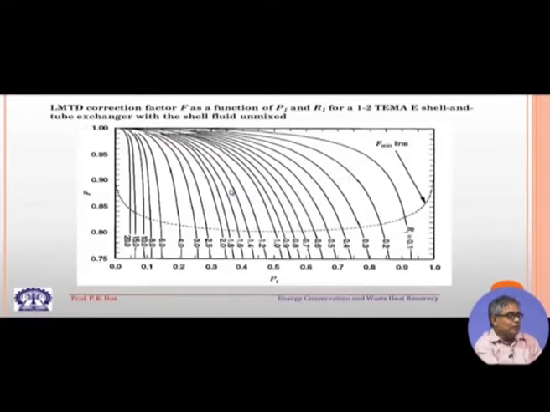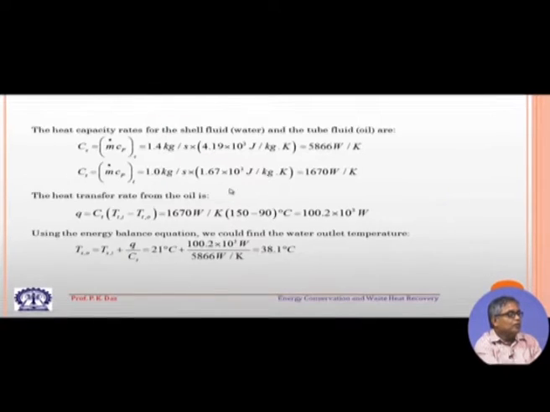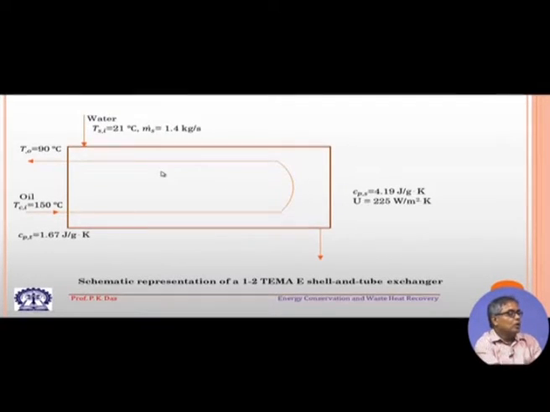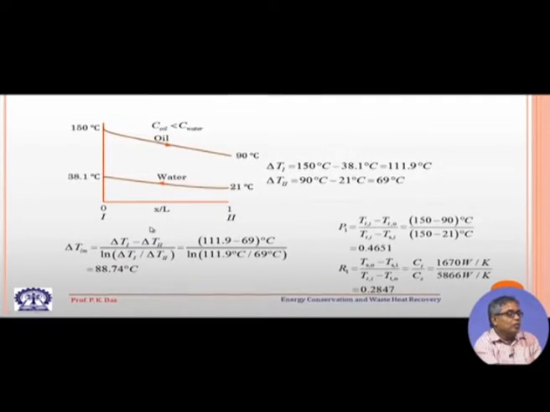So, with these 4 figures, if we go back, how do we define T 1, T 2? Oil is entering at 150 degree Celsius, and water is going out at 38.1 degree Celsius.